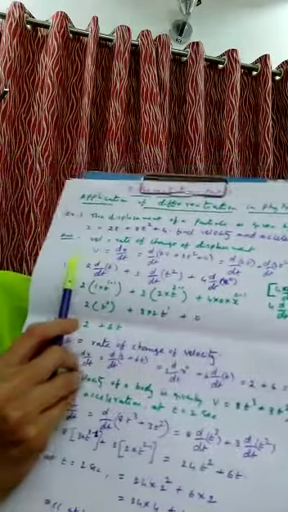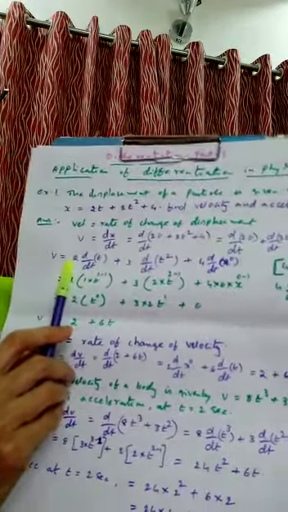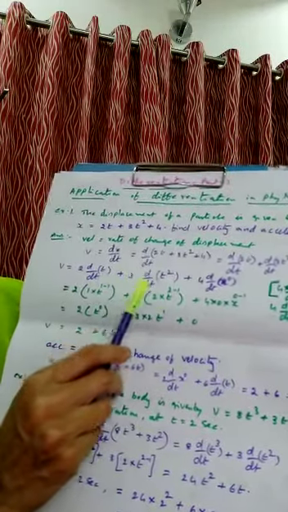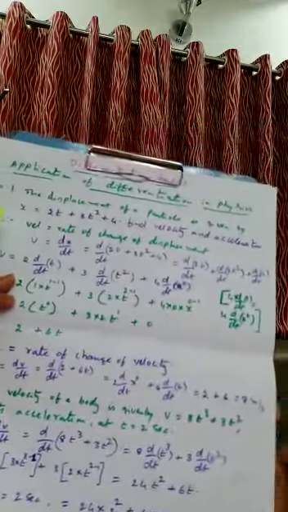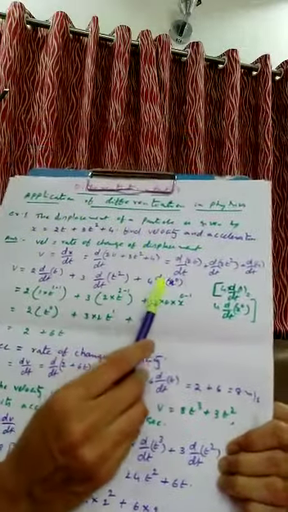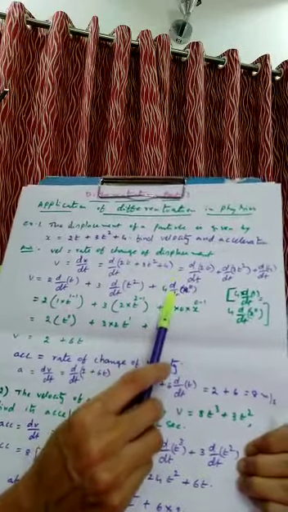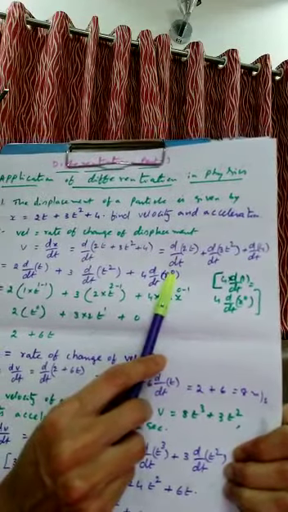So velocity is equal to 2, taking out the constant, d by dt of t, plus 3 d by dt of t square, plus 4 d by dt of 1. What is the meaning of 1? It is x raised to 0, as we did in the last episode.